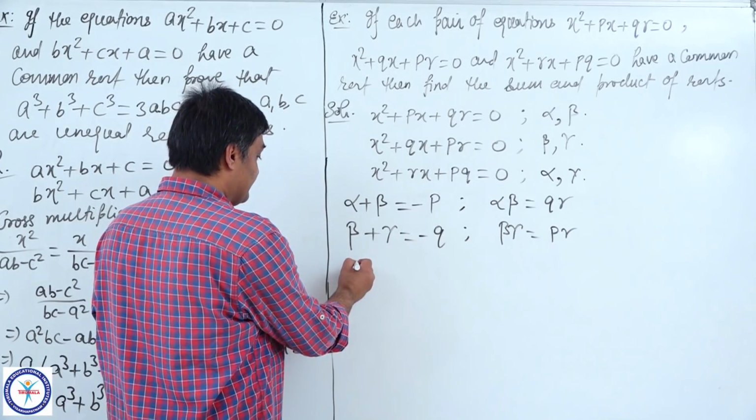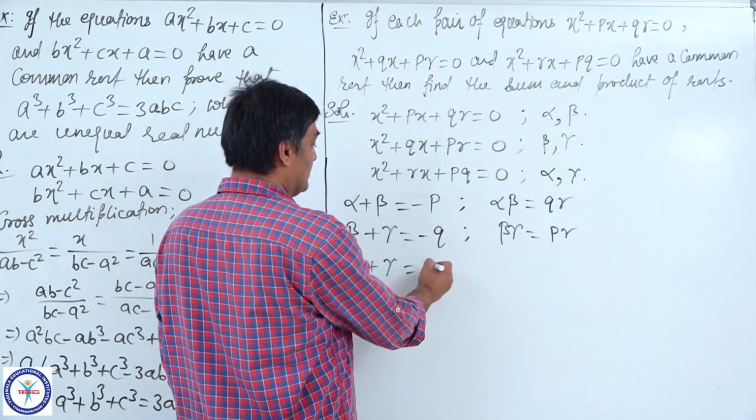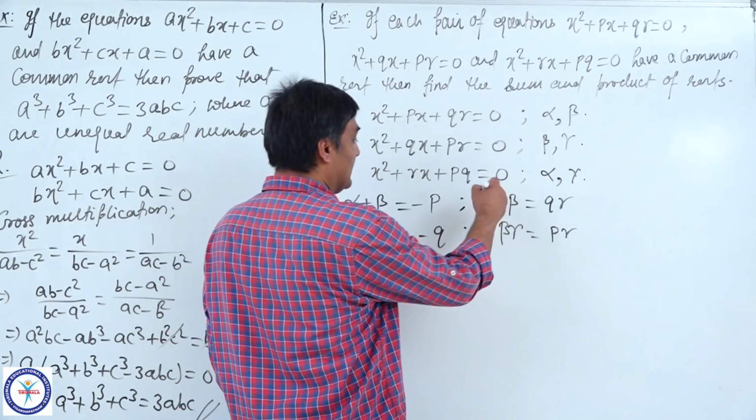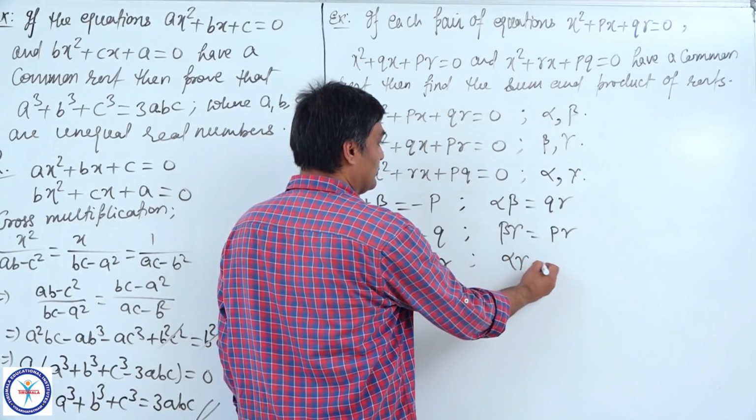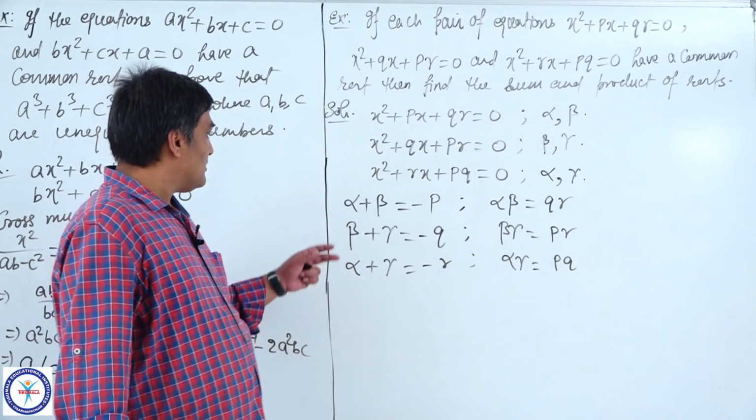And from the third equation, alpha plus gamma is equal to minus r, and alpha into gamma is PQ, sum of roots, product of roots.